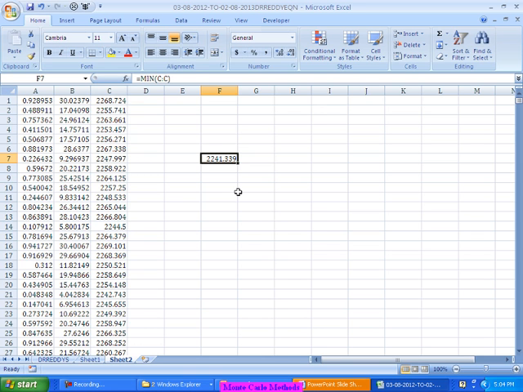Sometimes people also use a slightly different mechanism. Based on the standard deviation and the mean, they generate a distribution, let's say a normal distribution.